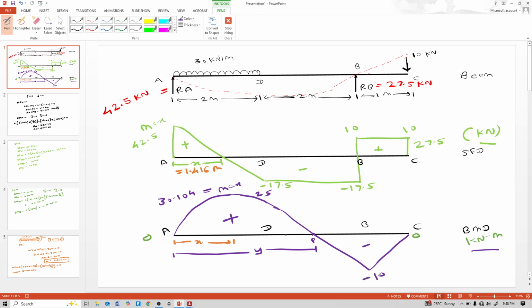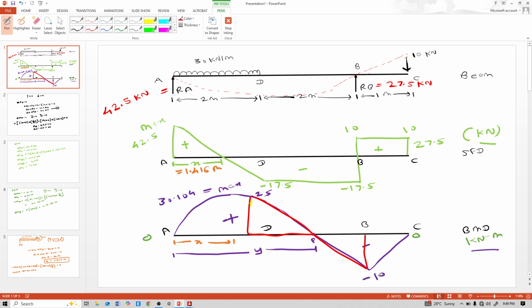So for calculation of this point of contraflexure, we need to consider this triangle.